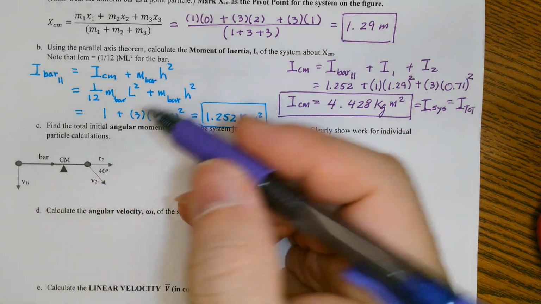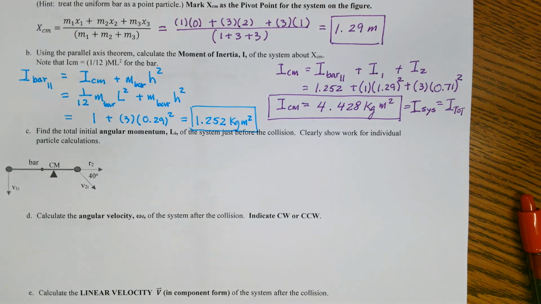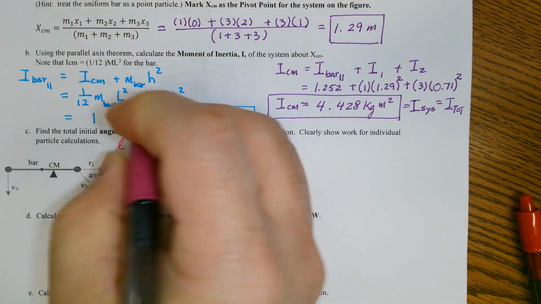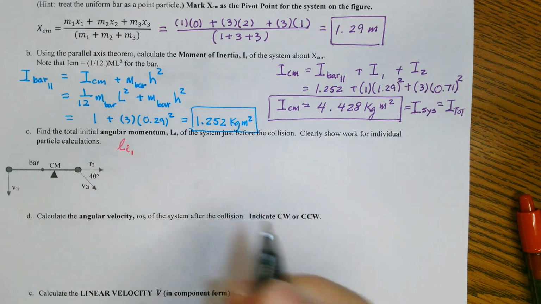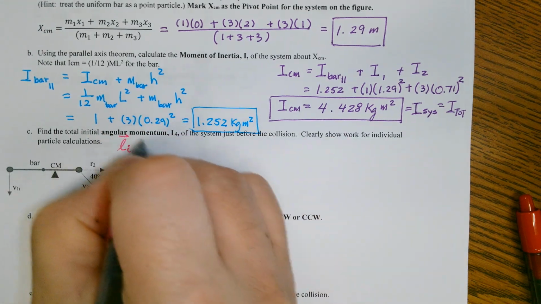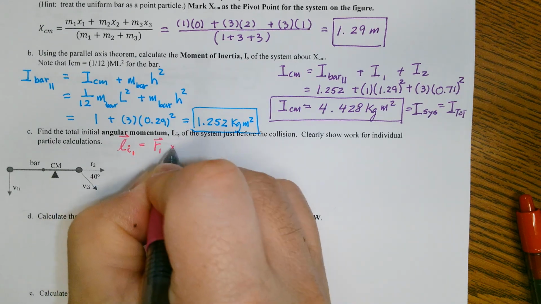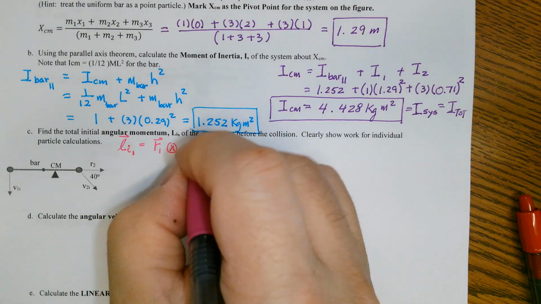So, how do we calculate the angular momentum for M1? We can simply say angular momentum initial for mass 1 is equal to R1 cross P1 initial, right?